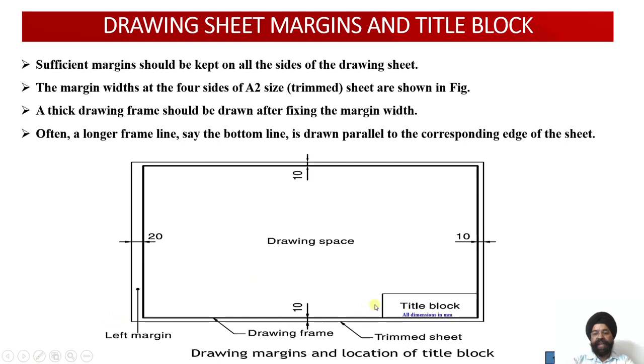Then another thing you can check over here: on the bottom right hand corner we have the title block. What is this title block? Basically it is a block drawn on the right hand bottom corner of the drawing sheet in order to give you the detailed information of the drawing which is being drawn over here.